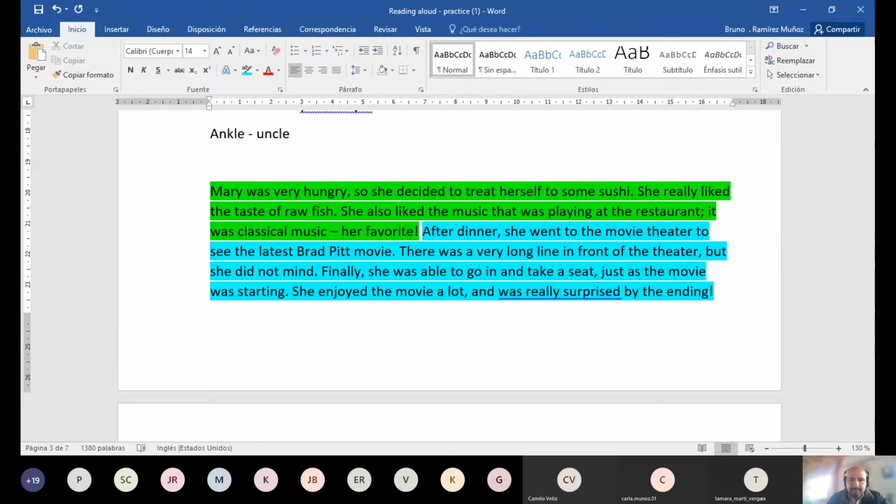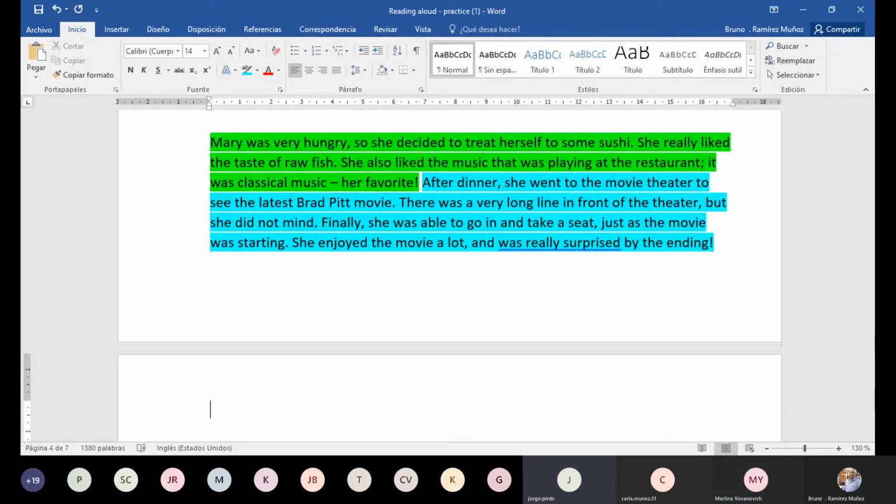Mari was very angry, so she decided to treat herself to some sushi. She really liked the taste of raw fish. She also liked the music that was playing at the restaurant. It was classical music, her favorite. After dinner, she went to the movie theater to see the latest Brad Pitt movie.